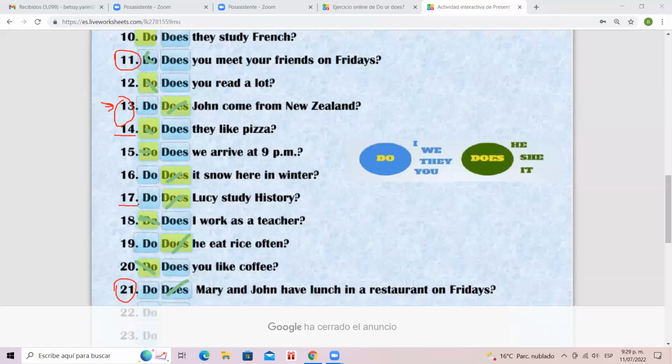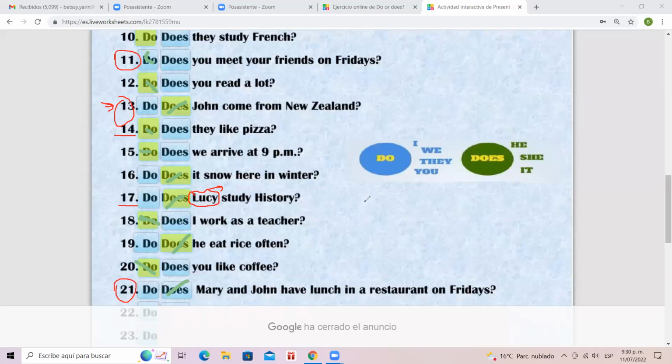Yes, Lucy does. Okay, and you can replace that. Remember that you can replace that. ¿Recuerdas que reemplazábamos? She. Yes, excellent. So, yes, she does. Okay, very good.